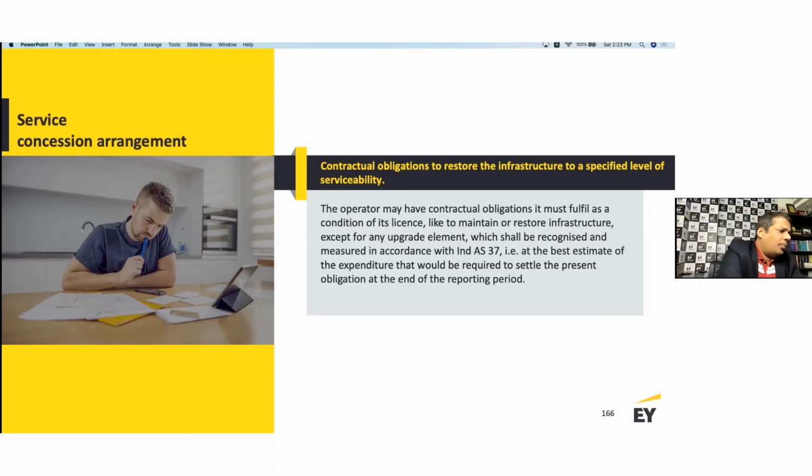So the operator may have a contractual obligation it must fulfill as a condition of its license, like to maintain or restore infrastructure, except for any upgrade element, which shall be recognized and measured in accordance with Ind AS 37, right? That is at the best estimate of the expenditure that would be required to settle the present obligation at the end of the reporting period.